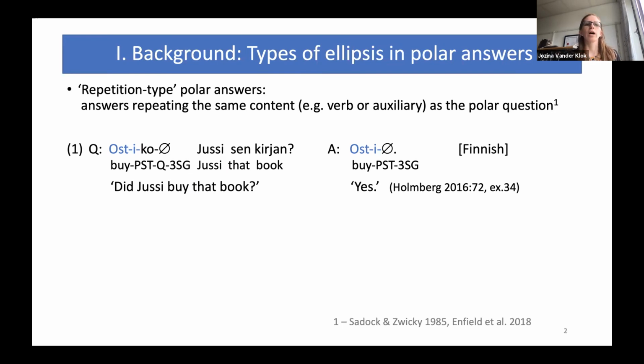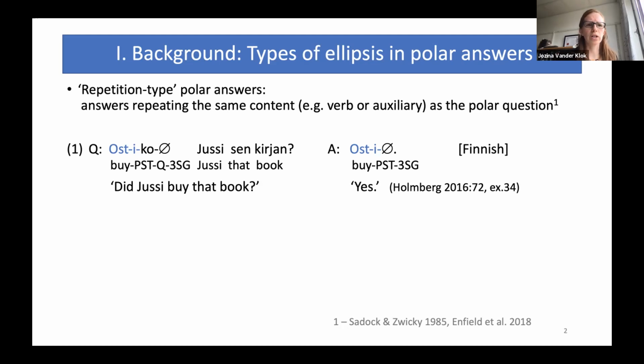And the polar answer type that I'll be interested in is what is called repetition type polar answers, where answers repeat the same content, such as a verb or an auxiliary, as a polar question, but this is just a fragment. So an example from Holmberg's work on Finnish is illustrated in 1.